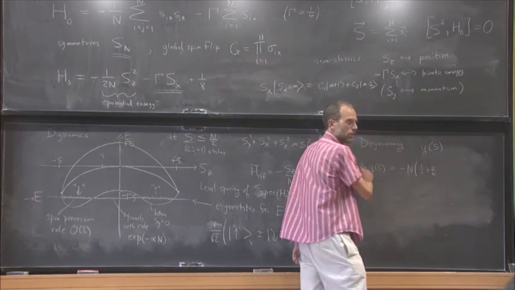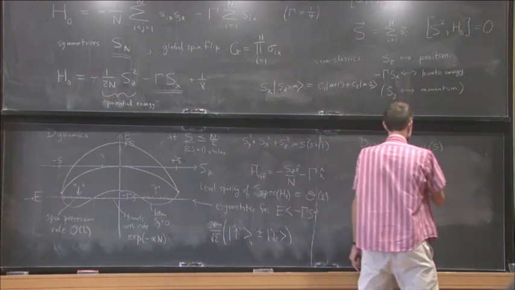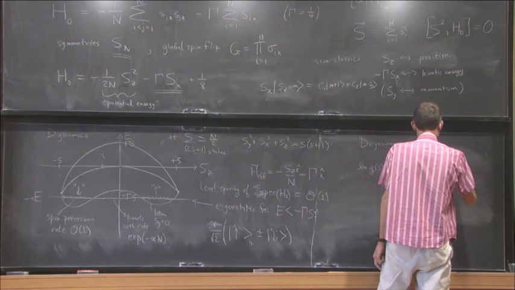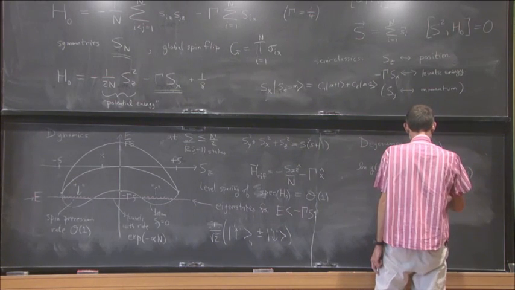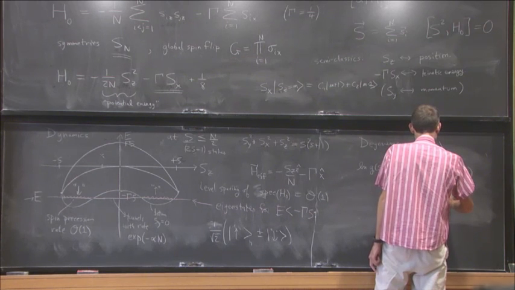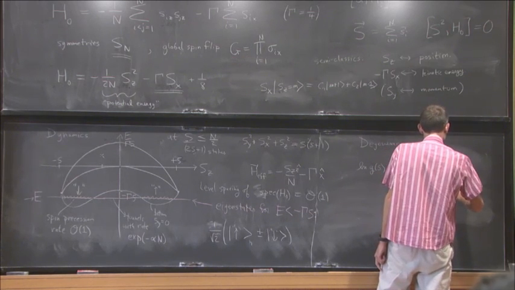Well, what I mean is just the logarithm of the degeneracy. Let me just write it out. It's a familiar formula. It's just the binomial entropy, or whatever you want to call it.